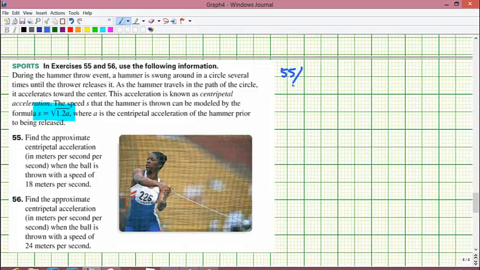So we look at question 55. S equals the square root of 1.2a. S, they're telling us, is 18 meters per second. So 18 equals root 1.2a. We need to square both sides.